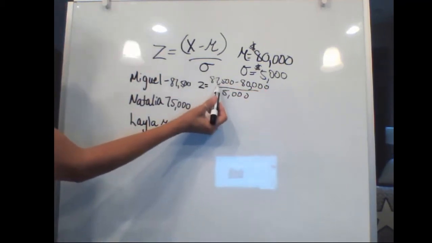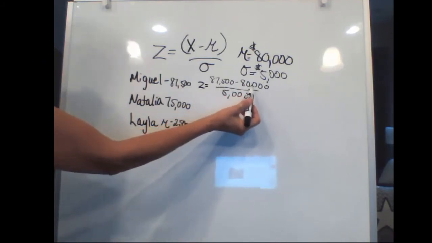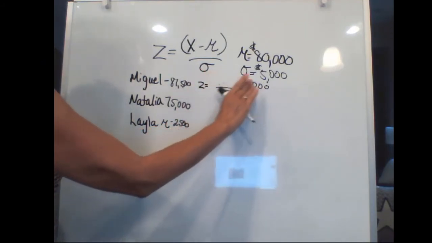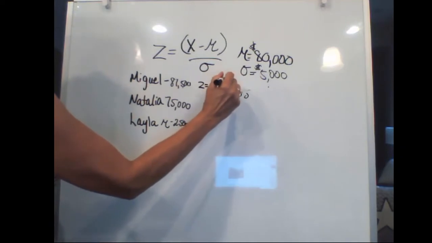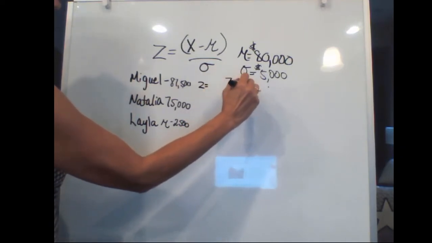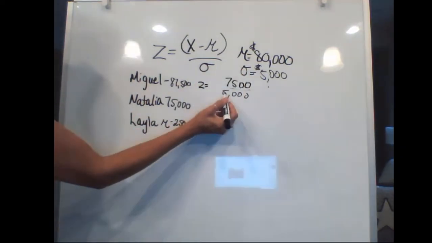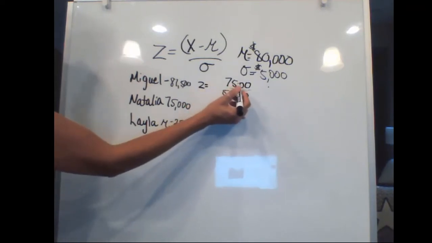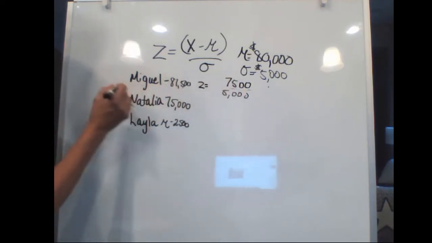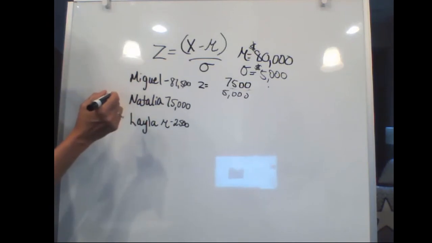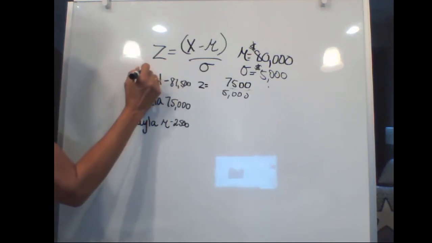I know that 87,500 minus 80,000 is 7,500. If I take 5,000 and divide it into 7,500, Miguel's z-score is going to be a positive 1.50.